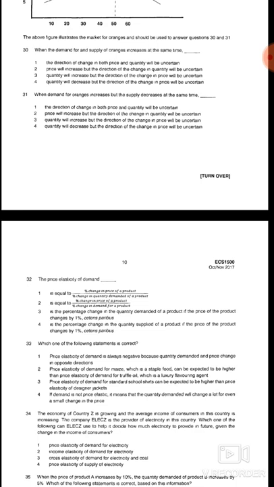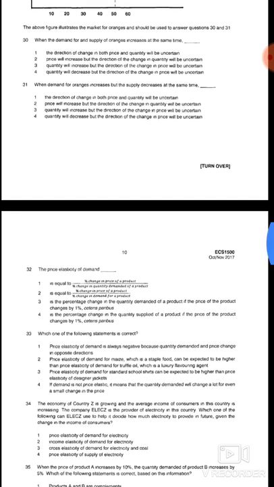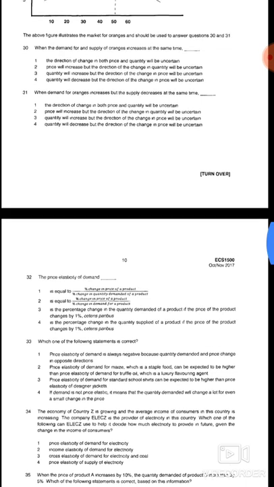So question number 31 is demand for oranges increases and supply decreases.